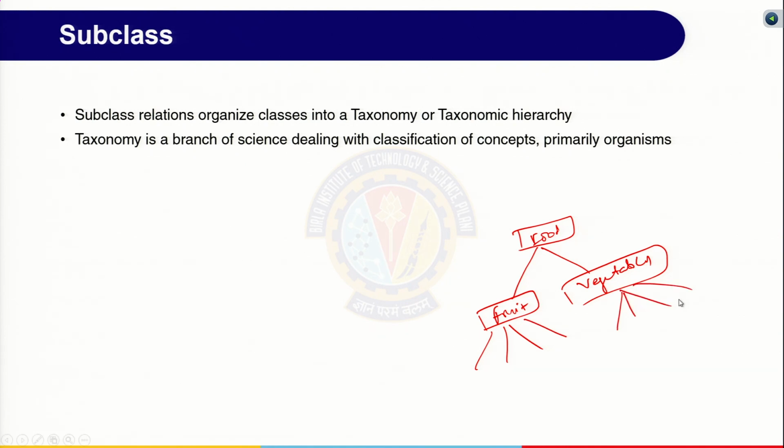If you keep on doing such kind of class and subclass relation, what you end up with is a taxonomy. The most common use of taxonomy is seen in animal kingdom classification, where all the species are classified in such a structure of class and subclasses.